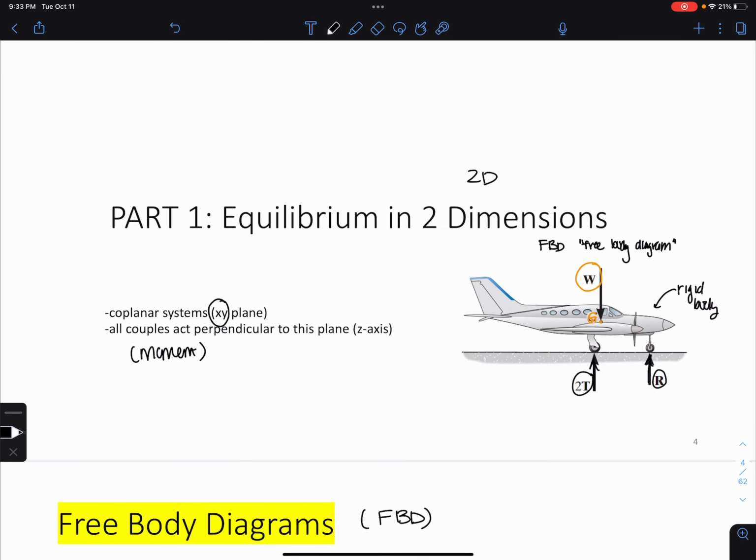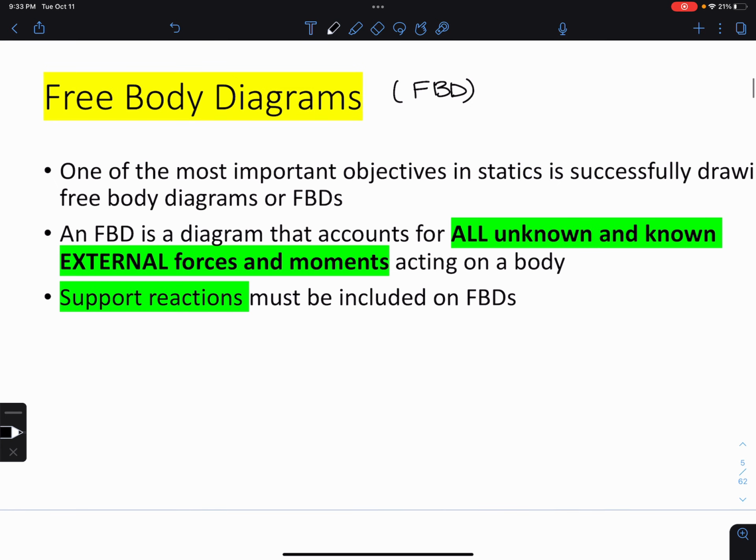An FBD by definition is a diagram that accounts for all unknown and known external forces and moments. And I've bolded and highlighted external because you're not including anything that's happening internally in the system. So remember, if you go back to our support page, an internal reaction would be, for example, a hinge.